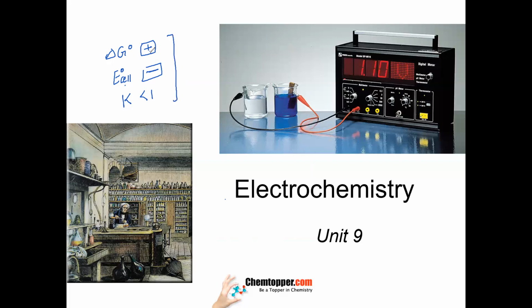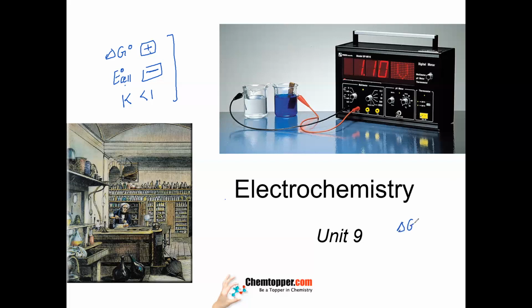Delta G naught is positive. Reaction is non-spontaneous. Are you going to use electricity? Yes, use electricity. So what type of cell is this where you're using electricity to carry out a reaction? Electrolytic cell. Good.